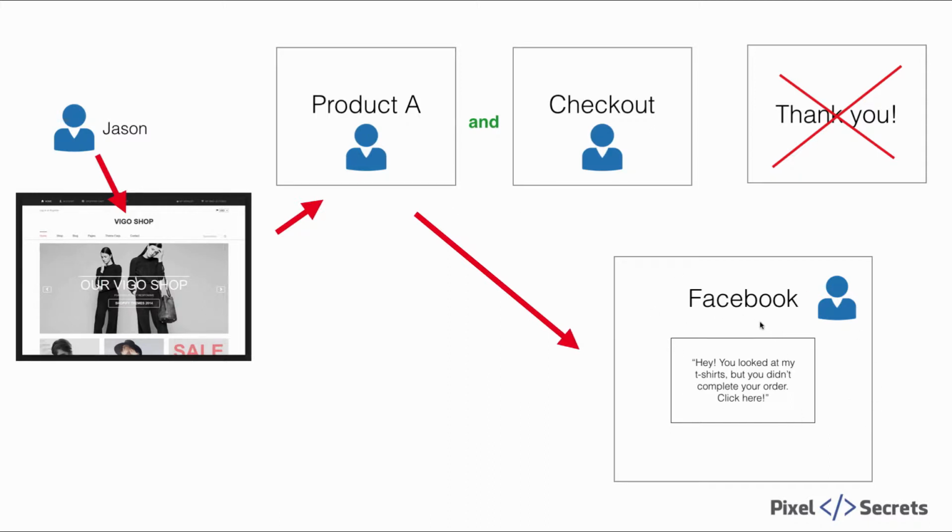Now, I'm sure you've visited websites and then all of a sudden you see ads on Facebook for all these websites that you have visited. Basically, that's called retargeting, and that's the idea of this. Someone comes to your website and doesn't buy, you can retarget them with an ad of the product they visited.